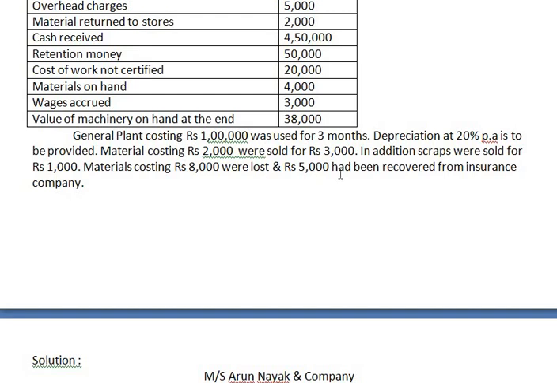But the 5,000 rupees recovered from the insurance company we will not show in the contract account; we record it in the profit and loss account.